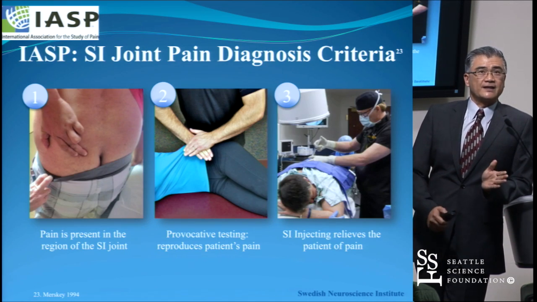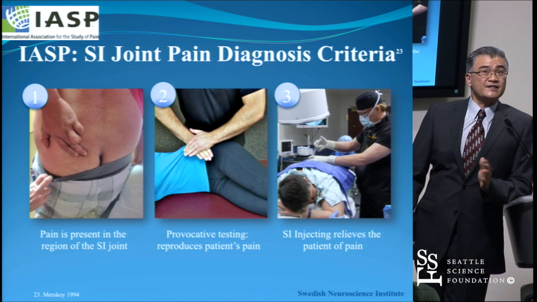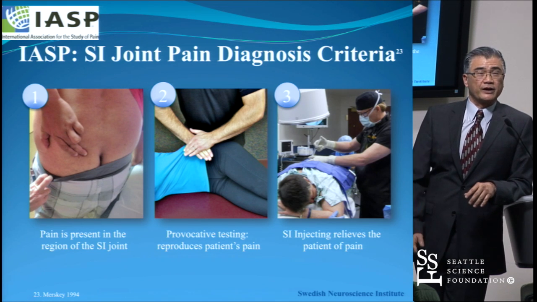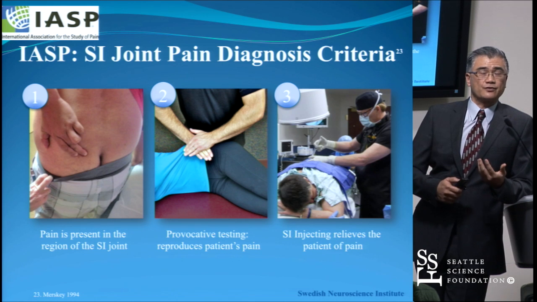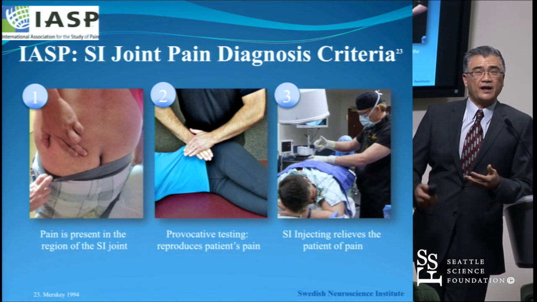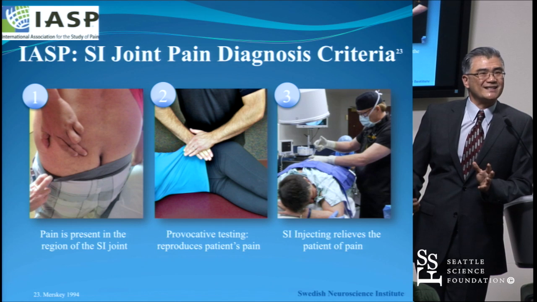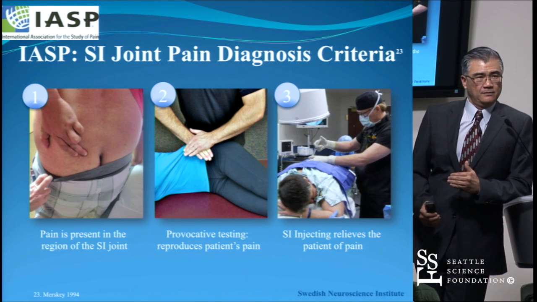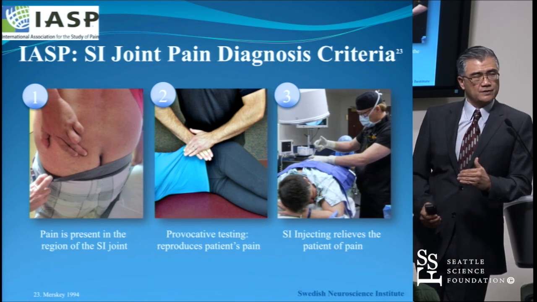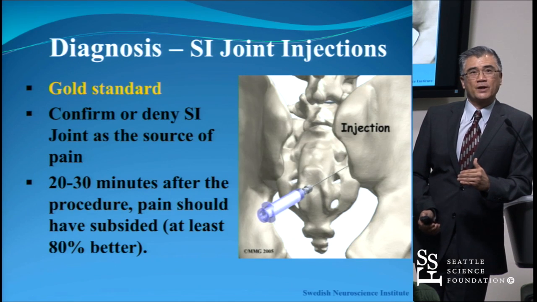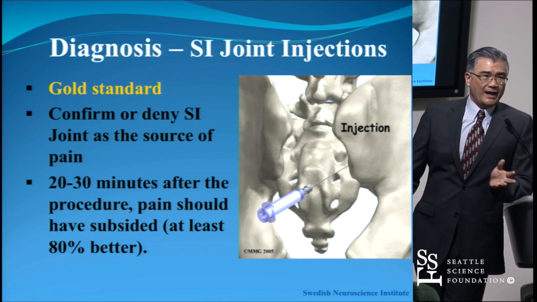Okay, this is the step recommended by the IASP: physical examination, provocative tests, and then you go for the SI joint injection, which is nowadays still the gold standard to establish the diagnosis of SI joint pain. So now, not anyone can do it.